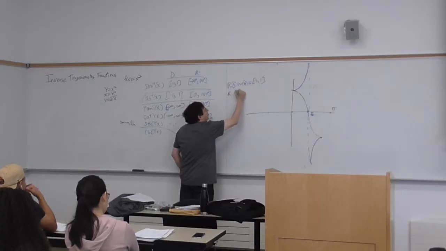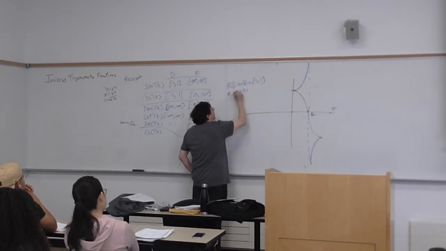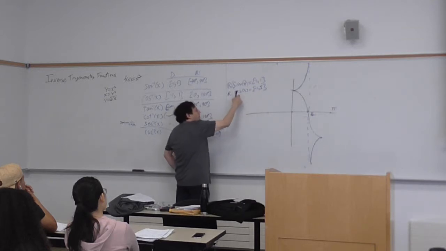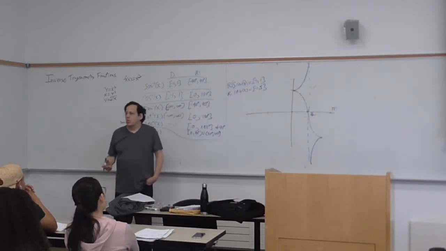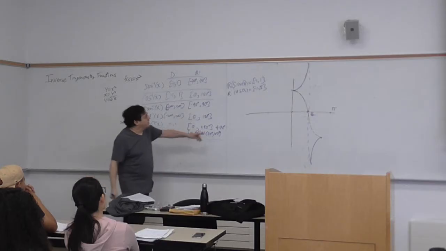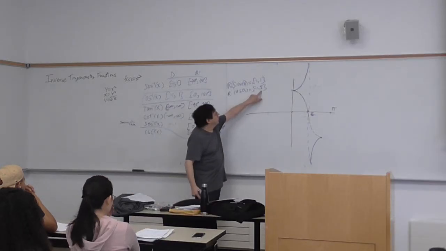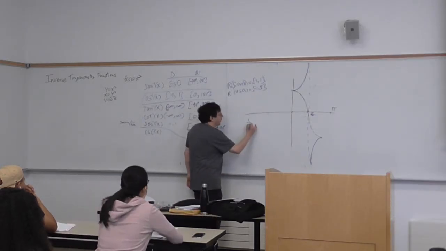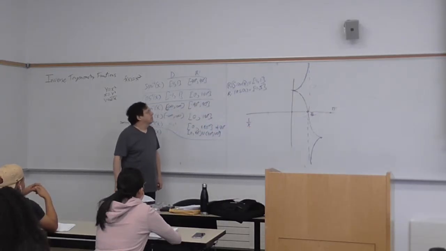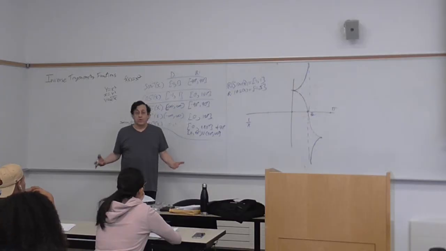The range of the cosine function is the same, right? -1 to 1. So 1 over the cosine, what's the range on 1 over that interval? In other words, if I take these as these x's and I look at 1 over x, what do I get? Or what don't I get?